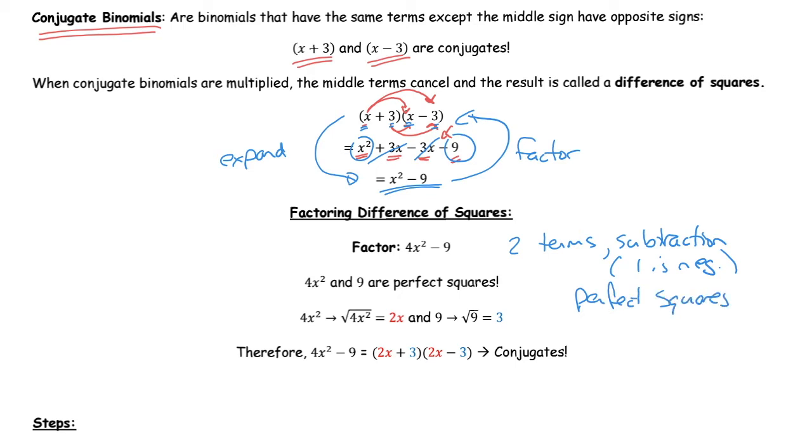So what I've got to do is find the square root of both of those. The square root of 4x squared is going to be 2x, and the square root of 9 is 3. Then I just write them as binomial conjugates. So 2x plus 3, 2x minus 3. And then I've got it done.